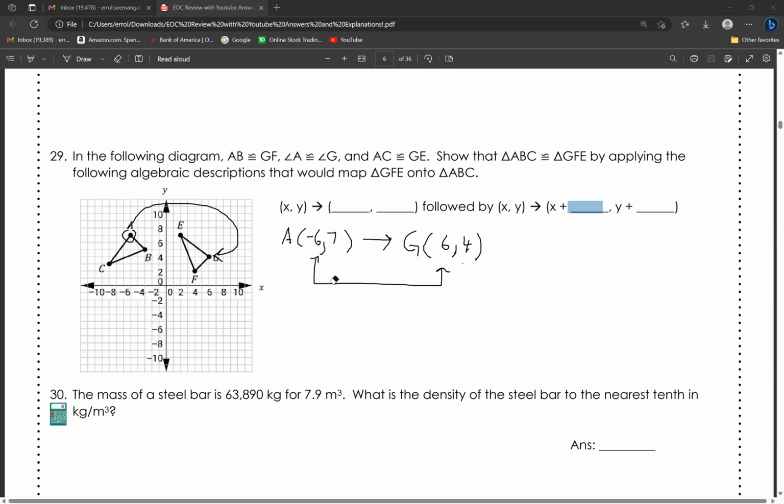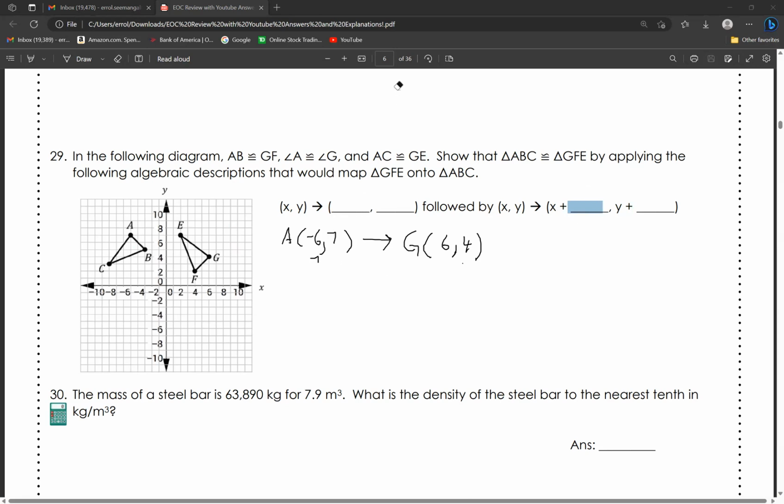Okay, so the difference is 12 between those two letters. But what are we going to write here? Followed by, okay, so we're going to rotate it and then we've got to add something here and add something here to the X and Y. So what should we write there?